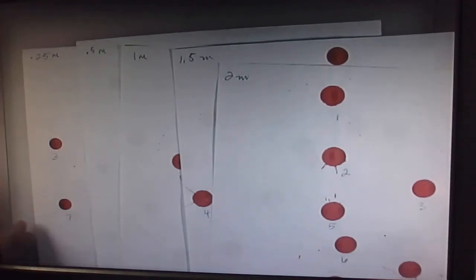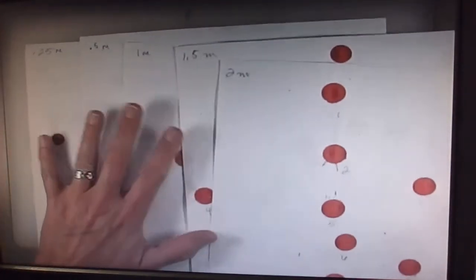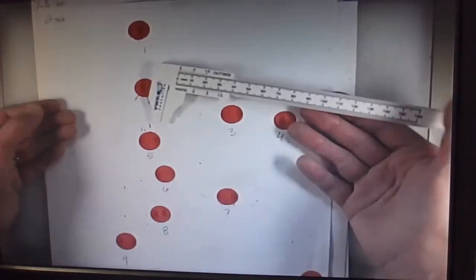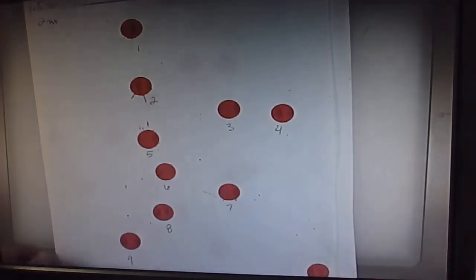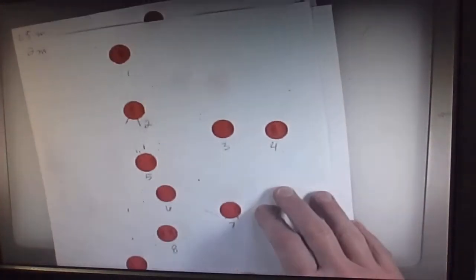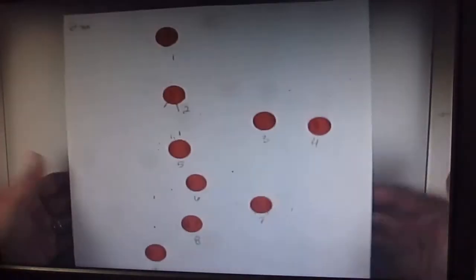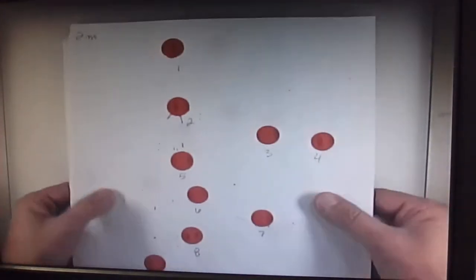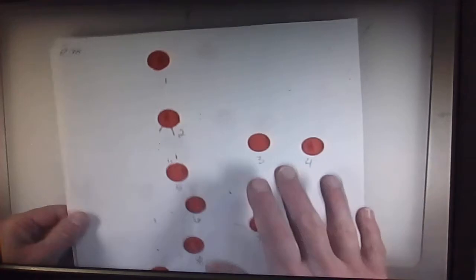Blood was dropped from these heights onto this paper, and the attempt was to get 10 good spatter that could be measured with the caliper, the diameter measured with the vernier caliper. Students in class that were running a little bit ahead have already collected this data, and it will be available on Canvas so that you can see what the average diameter was at each of these heights.